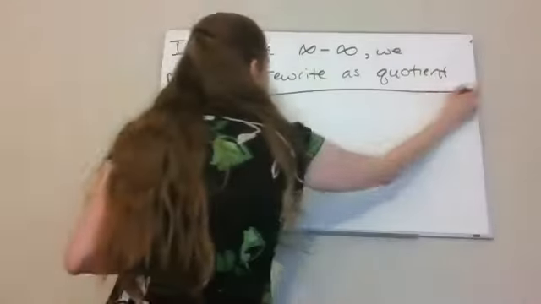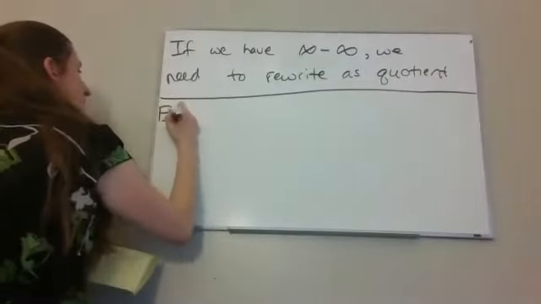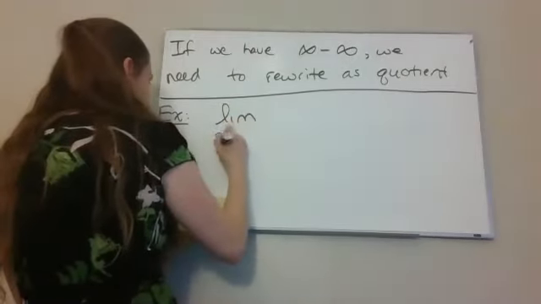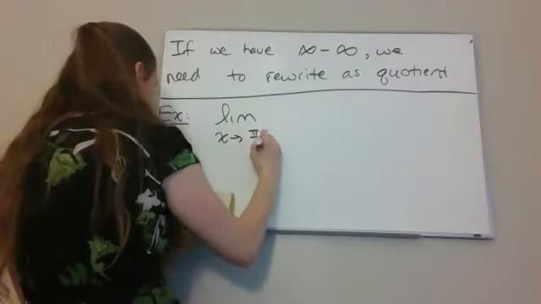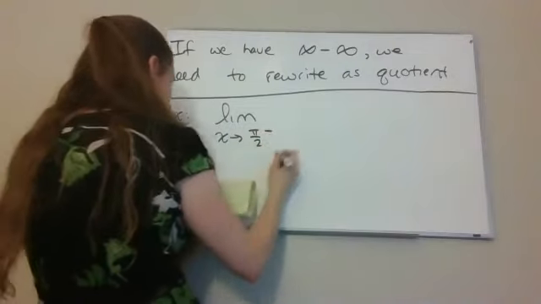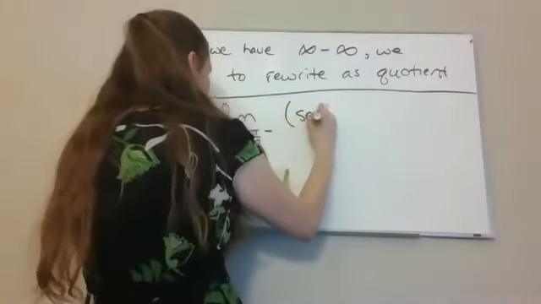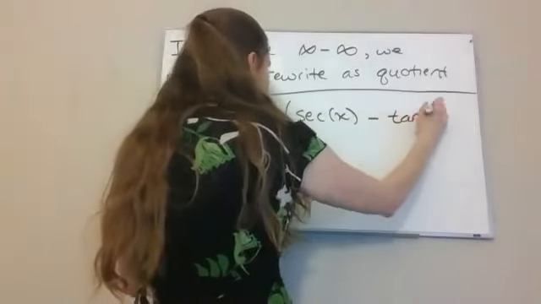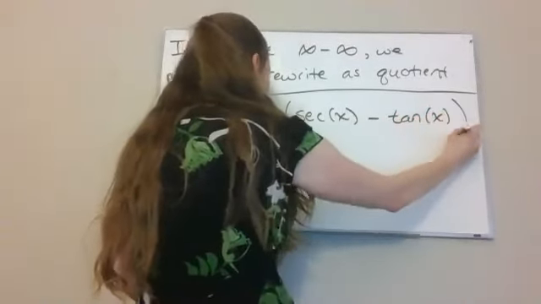So an example of this type, let's find the limit as x approaches pi over 2 from the left side of secant x minus tangent x.